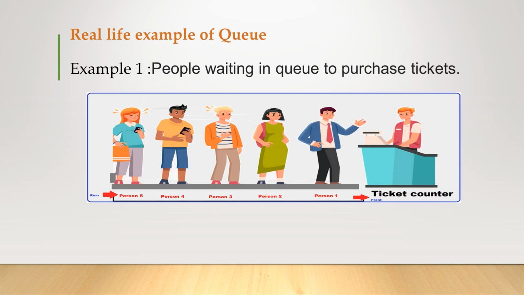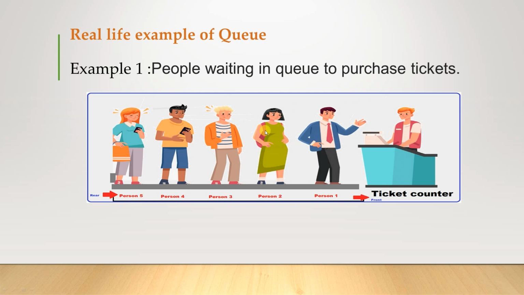Now let's see a real life example of a queue. In this you can see people waiting in a queue to purchase tickets. There are 5 persons waiting in the queue. The person who is standing in front of the queue will be issued a ticket first.